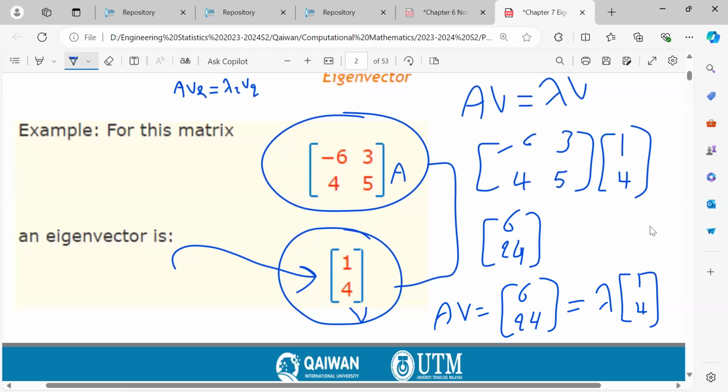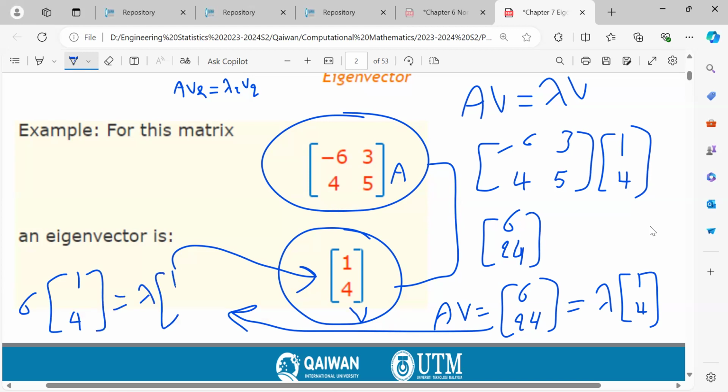What's the value of lambda here? We compare these two. If we take 6 as common on the left, we get 6 times (1, 4) is equal to lambda times (1, 4). So what's the value of lambda? It is 6.